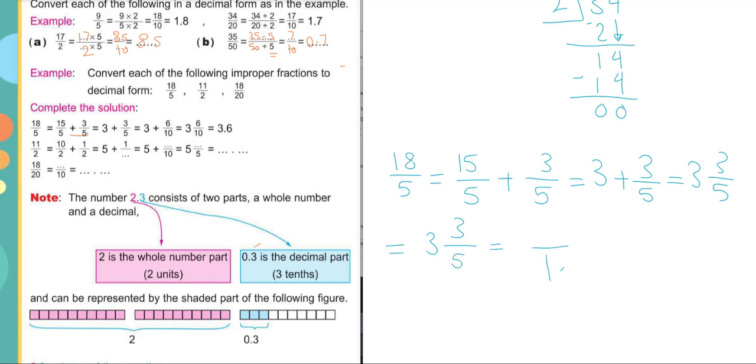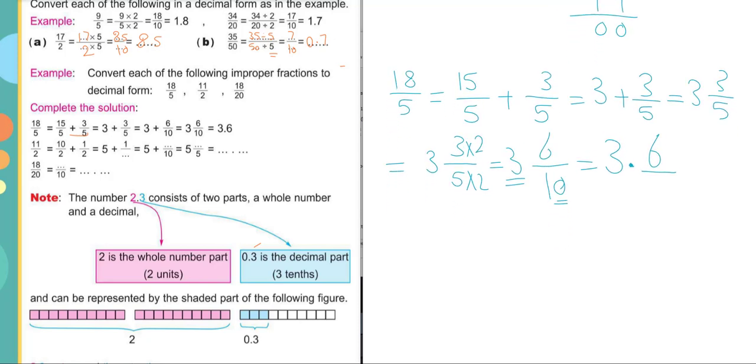So 5 times 2 and 3 times 2. 3 times 2 equals 6, so 6 over 10. Then put the decimal point. Here we have 10, so we have 1 decimal space. So put 6, and the whole number here is 3. So 3 and 6 tenths, or 3.6.